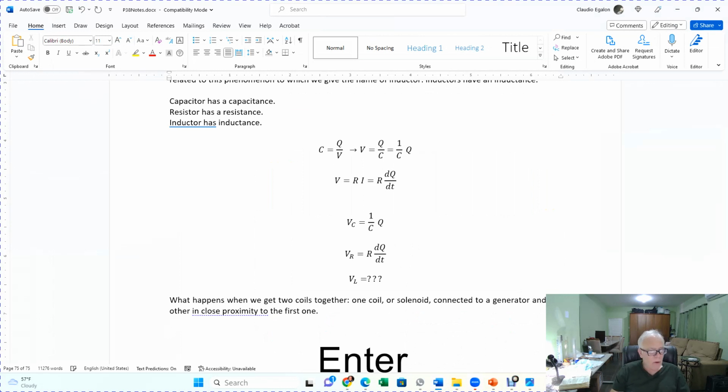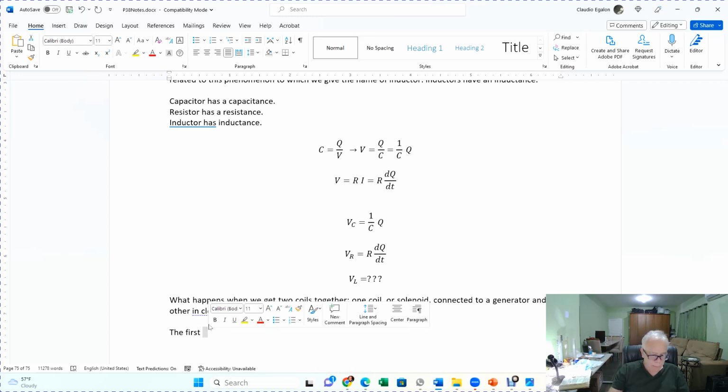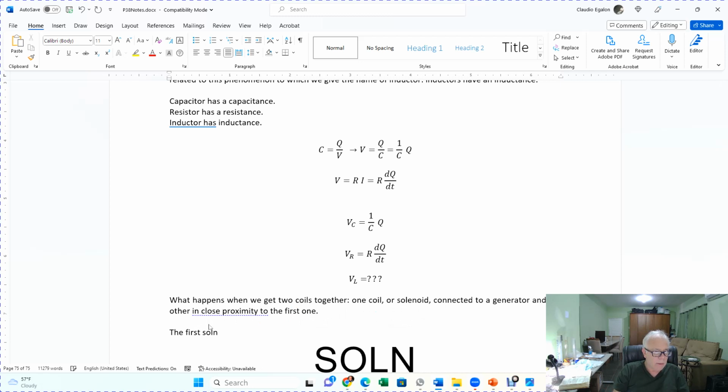The first solenoid is connected to the generator, right? I'm going to repeat it here. The first solenoid is connected to a generator.